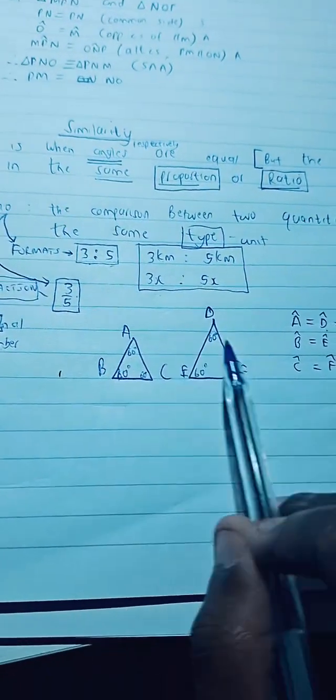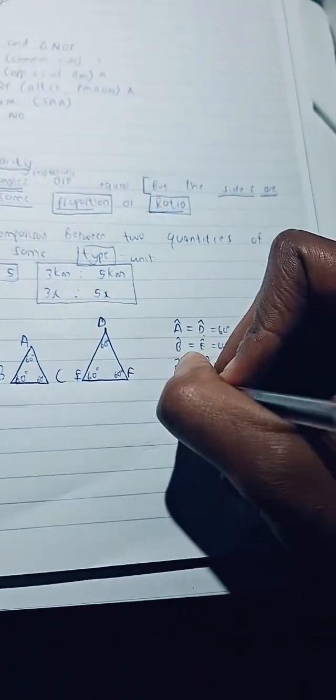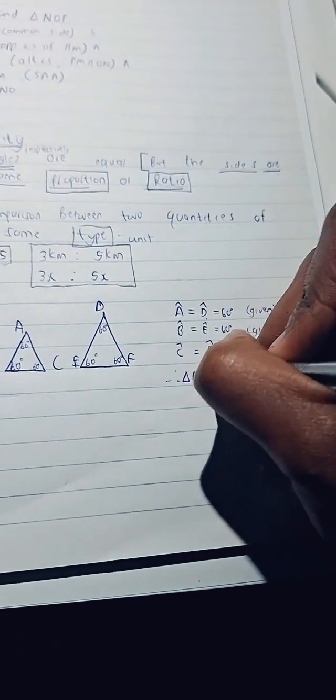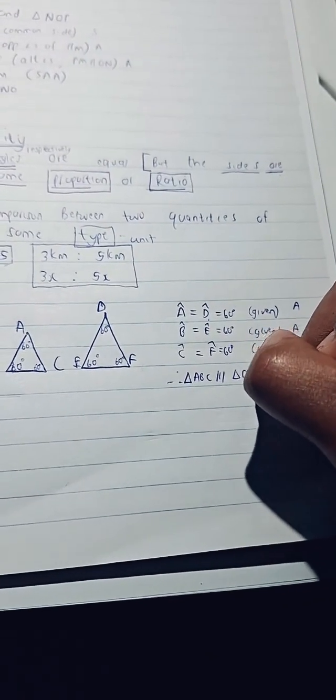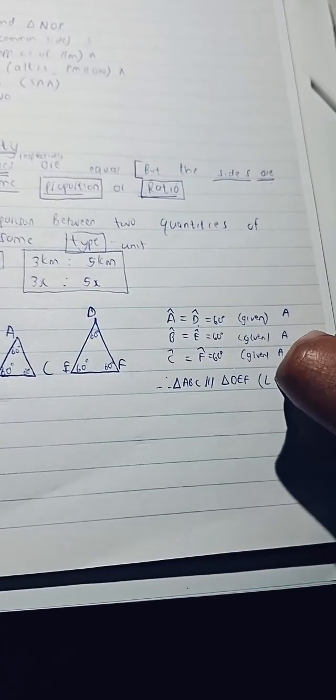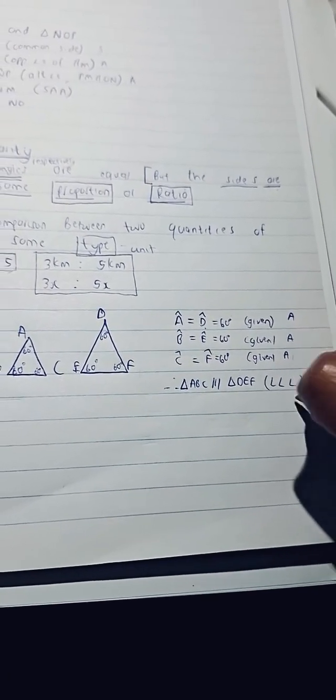These two triangles, we would conclude and say triangle ABC is similar to triangle DEF. Why? Angle, angle, angle.